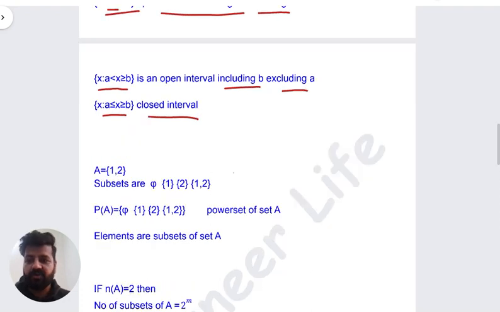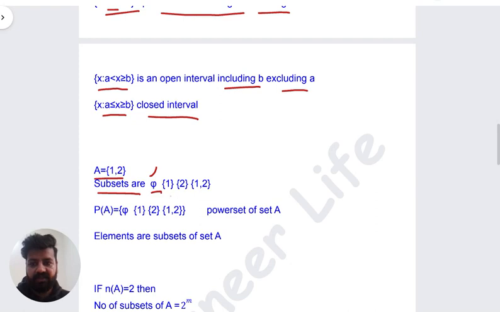Now come to the next point. There is a set A and the elements of set A are 1 and 2. Then my dear, can I write the subsets of A? Yeah, I can write. And I know that this is an empty set. An empty set is a subset of every set. I am repeating, keep in mind, the empty set is a subset of every set, and the empty set has no elements.